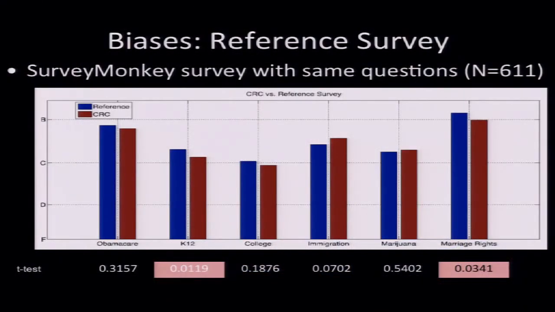We also conducted a survey with the same questions with SurveyMonkey. This survey was randomized. It went to a focus panel of 611 people, sampled from a broader focus group. Interestingly enough, our results were not that far off from what we reported.